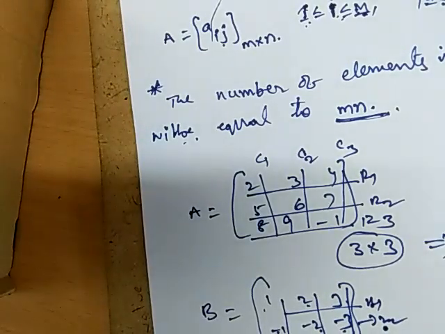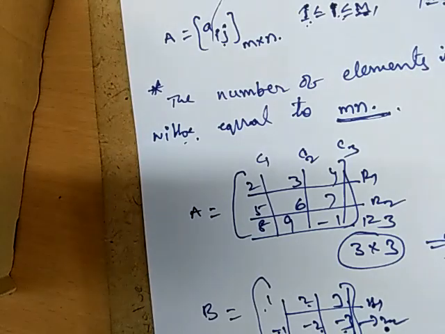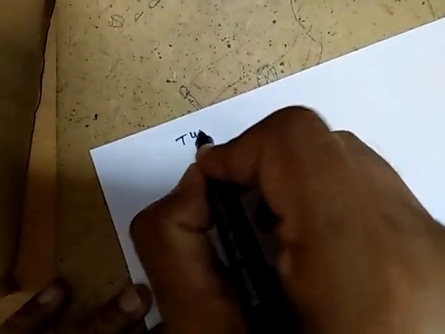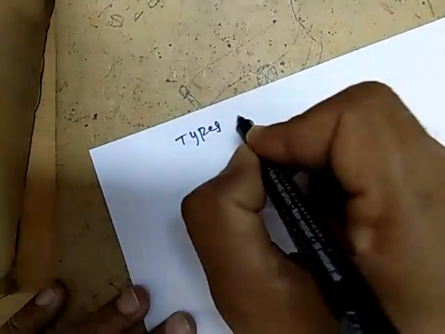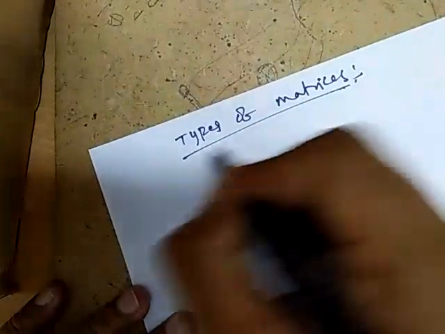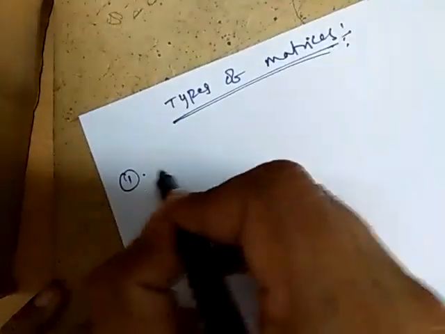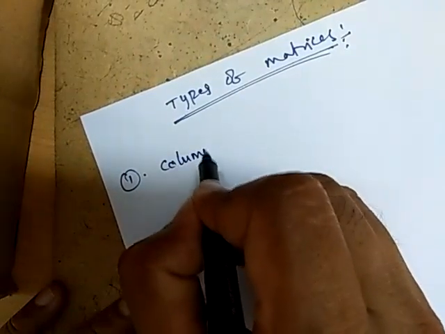Next, types of matrices. First one, column matrix.